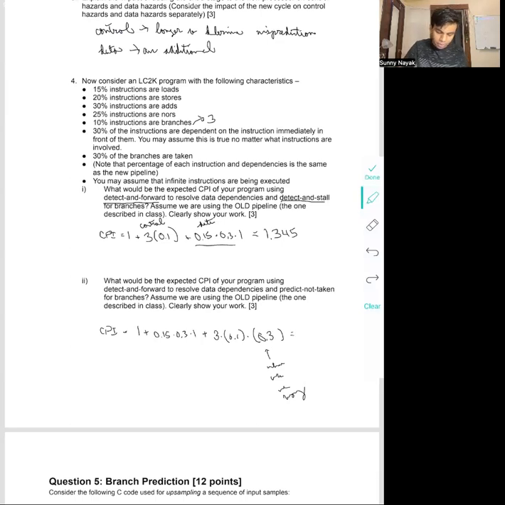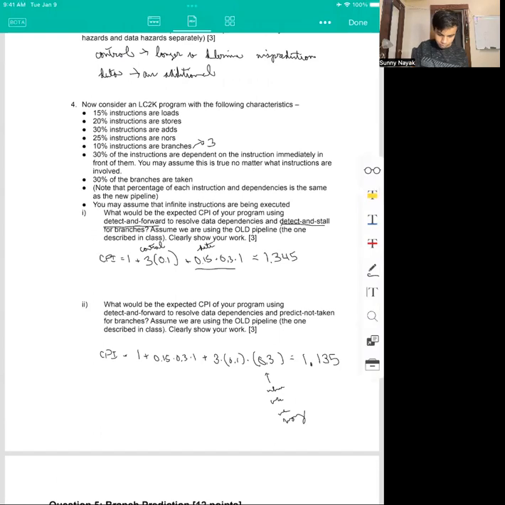And so if I multiply that, then all of a sudden my control hazard penalty will go down to 0.09. So 0.09 plus 0.045, so 1.135 is the number that I got. I can check this really quick. Yep. So these are going to be the CPIs.